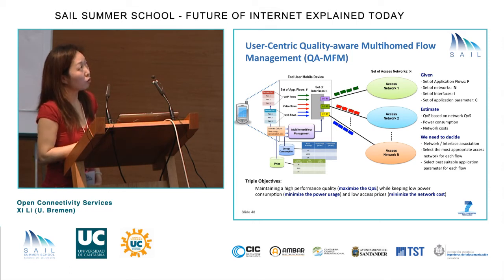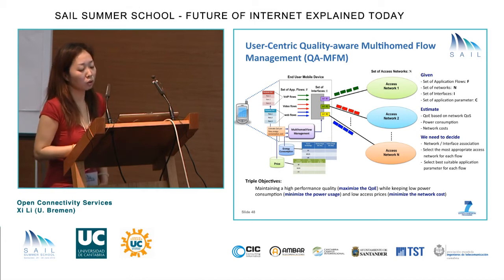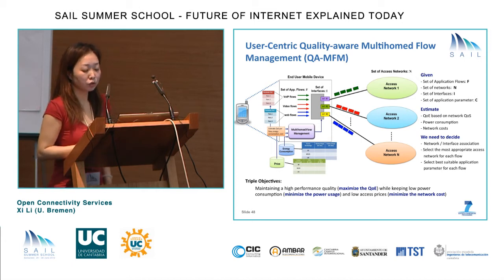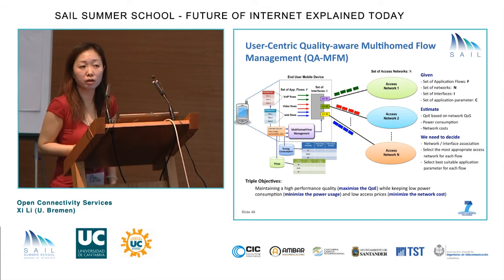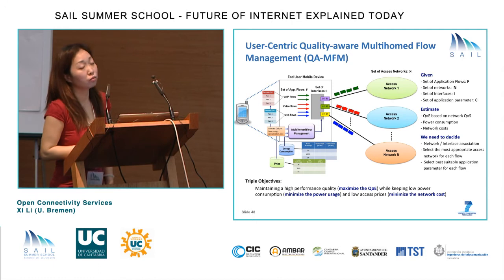And furthermore, for transmitting one application flow, for example, the video flow, what would be the most suitable application parameter, in terms of what kind of codec we can use for transmitting these video services. So this is the outcome of the flow management decision.